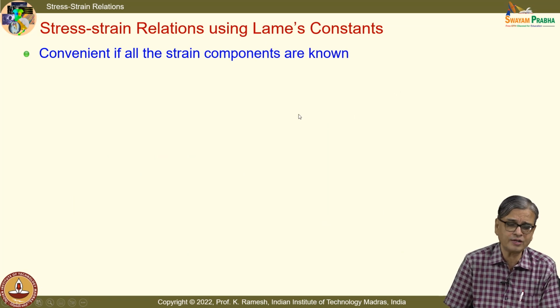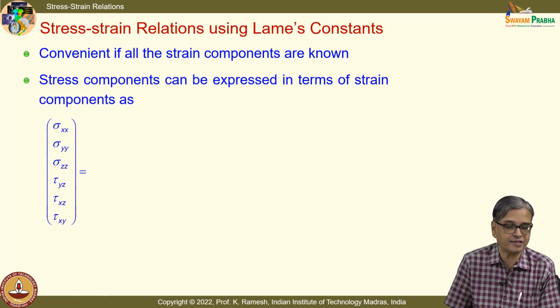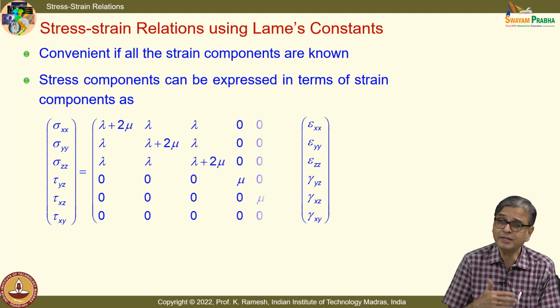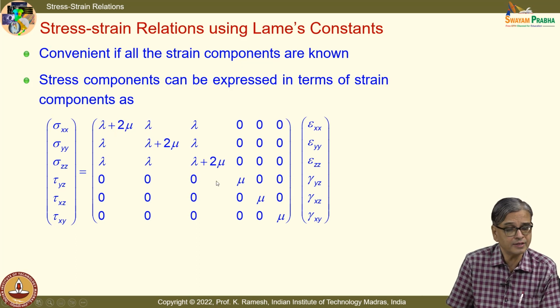It is altogether by a different approach. And the idea is, if I know the strain quantities, how do I relate the stresses? He came up with some other elastic constants. So this you write. The diagonals are lambda plus 2 mu. This is the symbol that he has used.